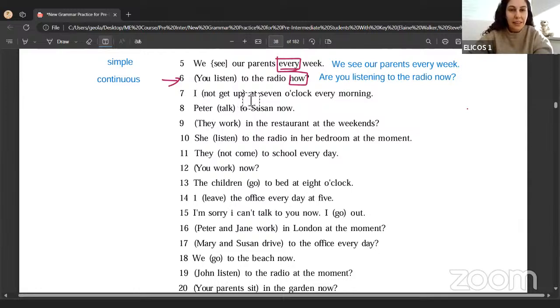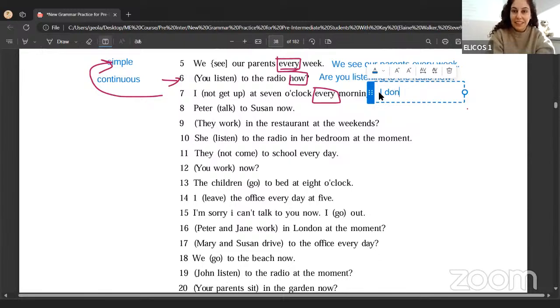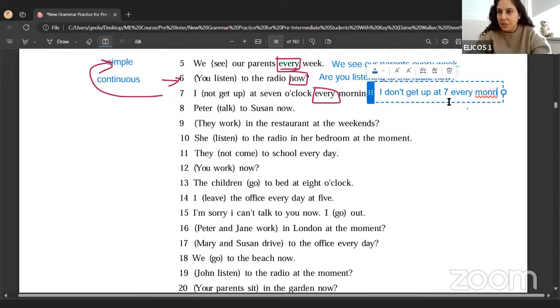Number 7, we need to make it looks like a negative. And it's got every. So remember, what is the word every from? And every is more like a simple. So you can do it, Peter, if you want. Number 7. I don't get up at 7 o'clock every morning. Yes, I don't get up at 7 every morning. So I'll just make this good.